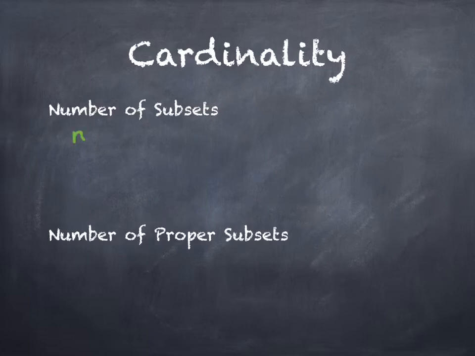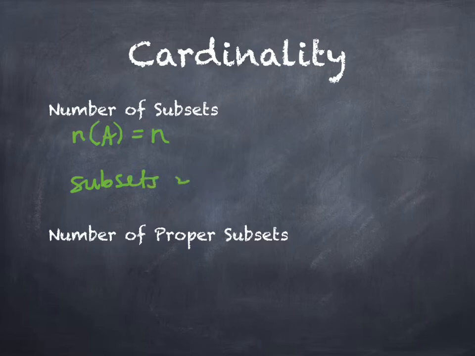So if n of your set A, that is the cardinality of your set A, is the number n, then the number of subsets is 2 raised to the n power.